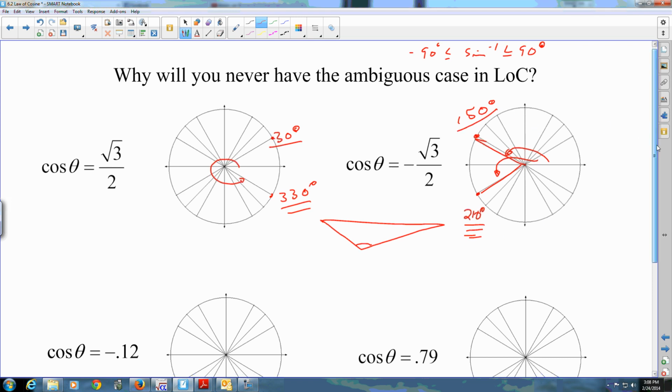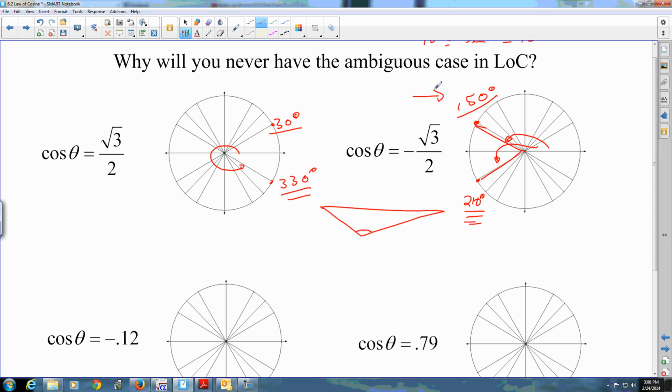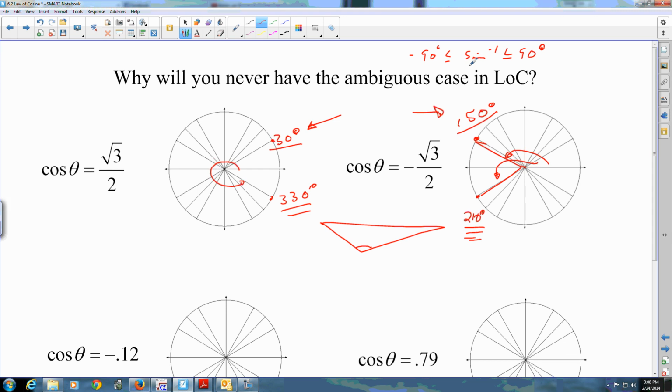So if your angle is meant to be obtuse, it will tell you it's meant to be obtuse. If it's meant to be acute, it's going to tell you it's supposed to be acute. With inverse sine, your angles could be between negative 90 and 90. If it's meant to be obtuse, it ain't telling you.